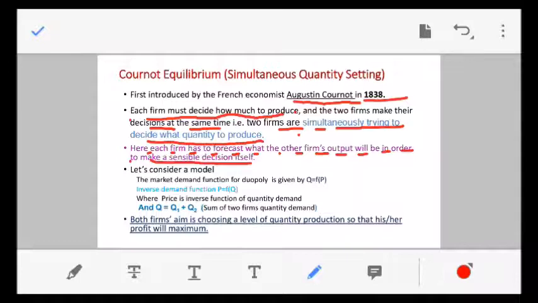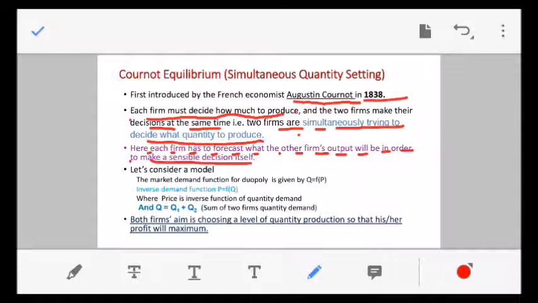Let's say if I am producing 10 units of good x, then what are you going to produce? If I am producing 50, then what is your quantity of production? Then we can set our quantity decisions.